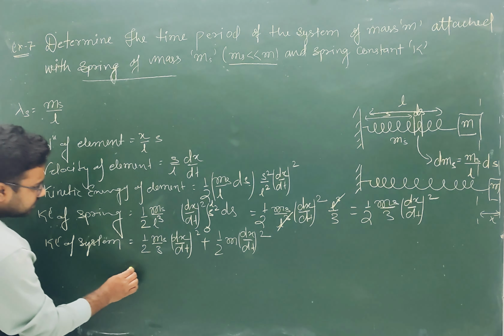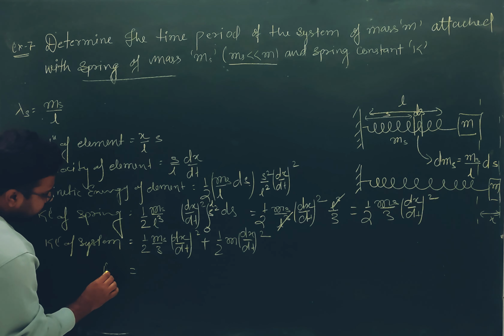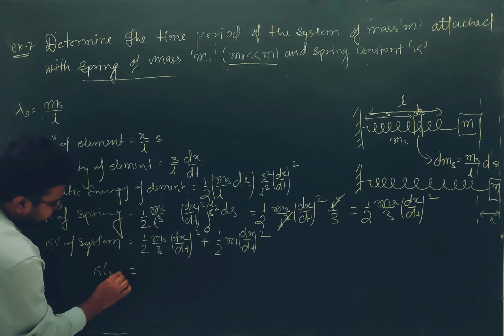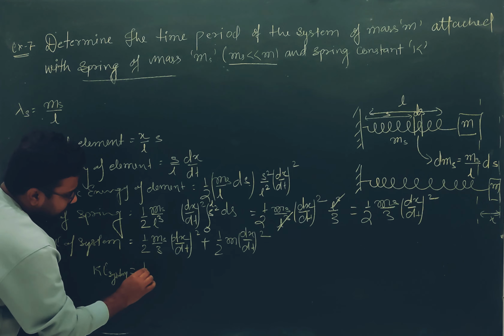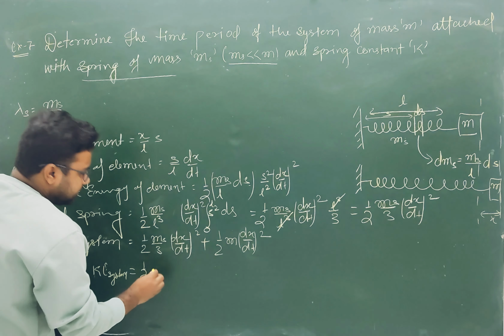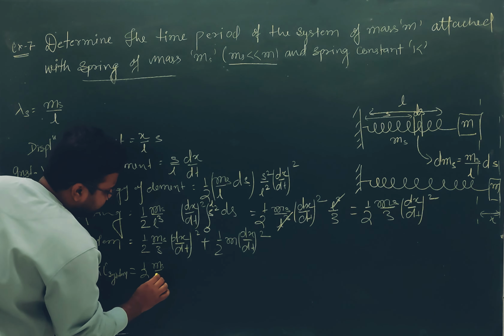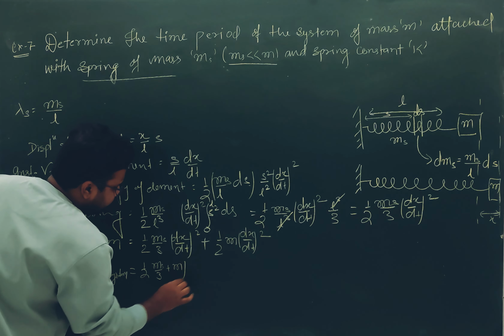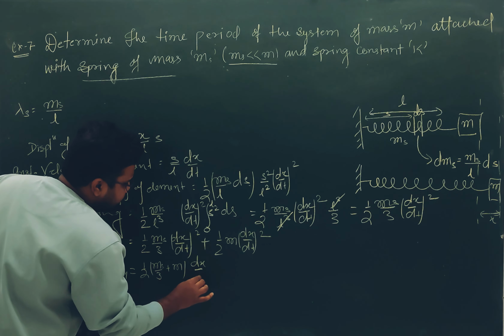This is the kinetic energy of the system: one by two, ms upon 3 plus m, into dx by dt whole square.